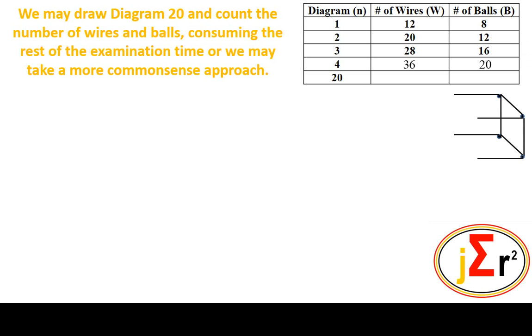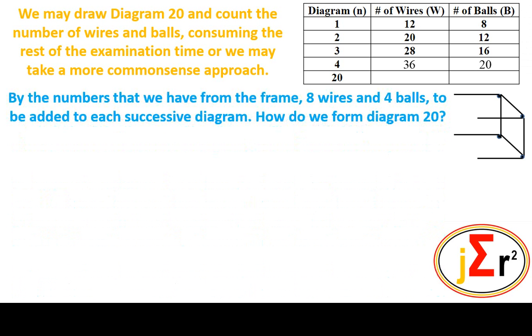We have two options. Construct diagram 20 and count all of the wires and balls. Or we may approach this in a more common sense manner. By the numbers that we have from the frame, 8 wires and 4 balls will be added to each successive diagram. And we have the frame right there.